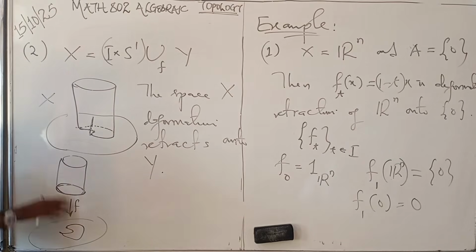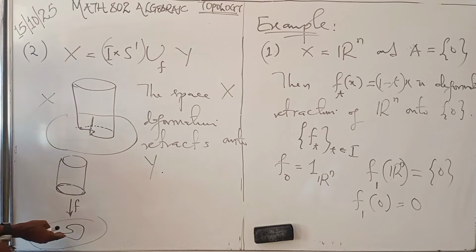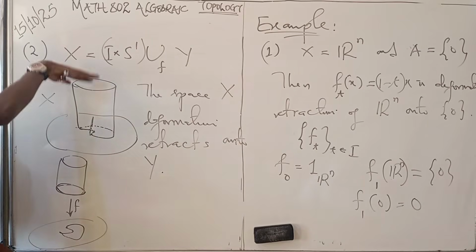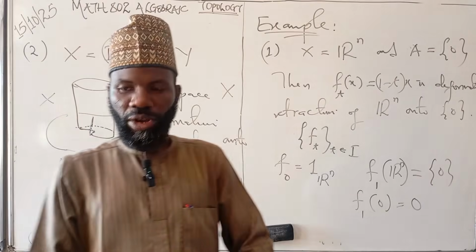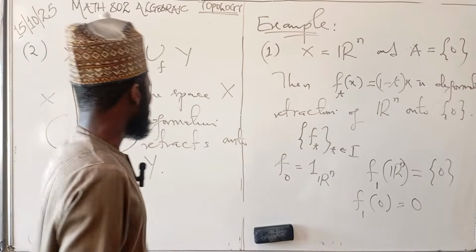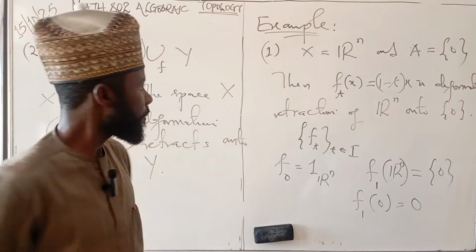The entire cylinder can collapse down to be attached to this, so that you are only seeing the image of the cylinder down there. I hope it's okay. So you can always do that for any such adjunction spaces.